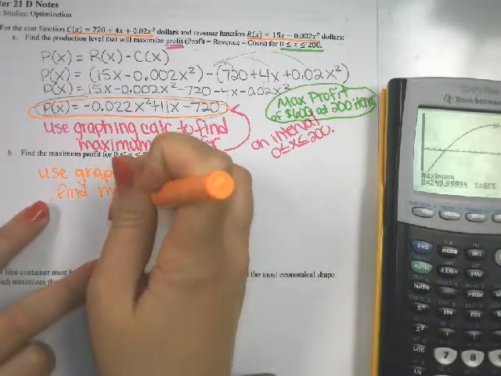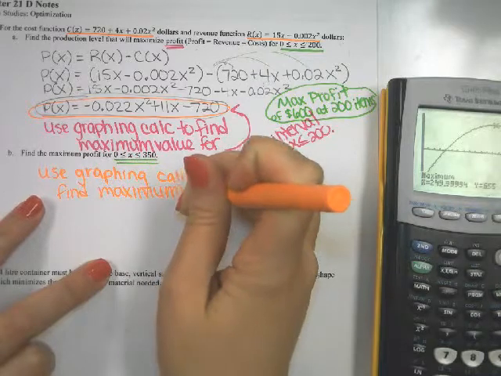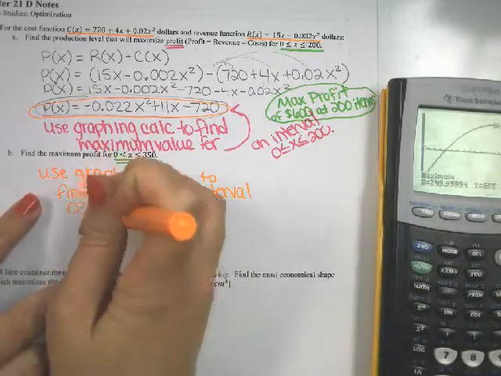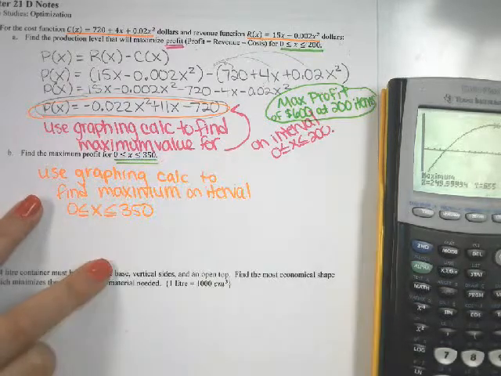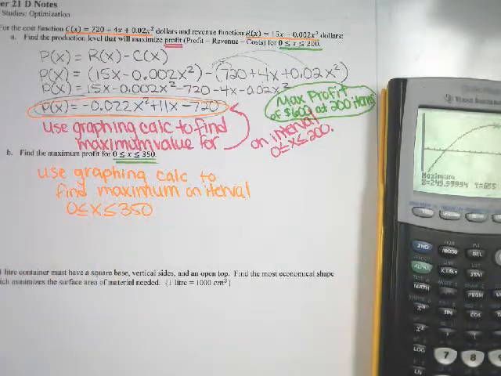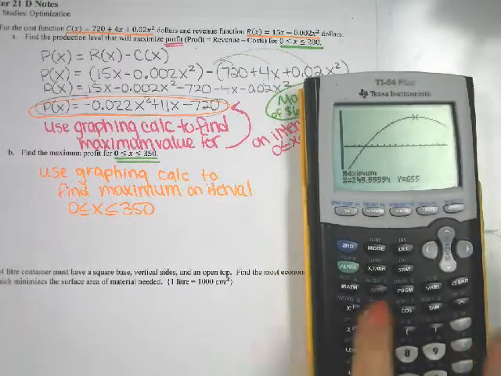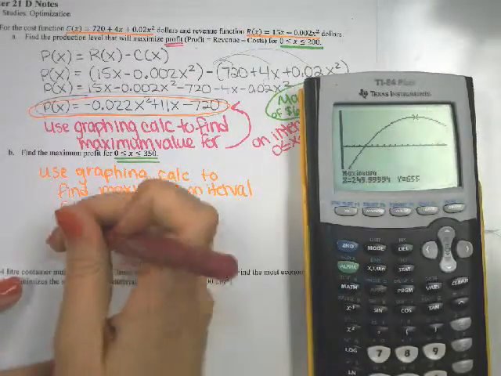To find the maximum on the interval 0 ≤ x ≤ 350, x is between 0 and 350. In this case, we're actually going to get a maximum profit right there.